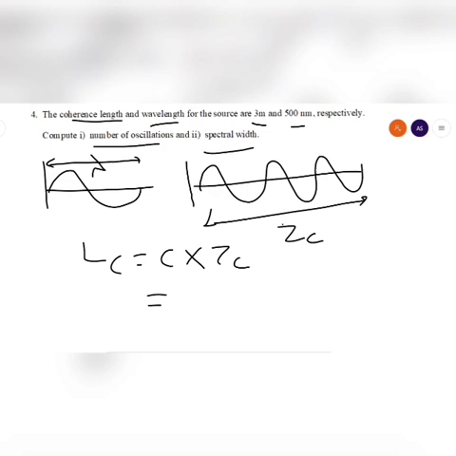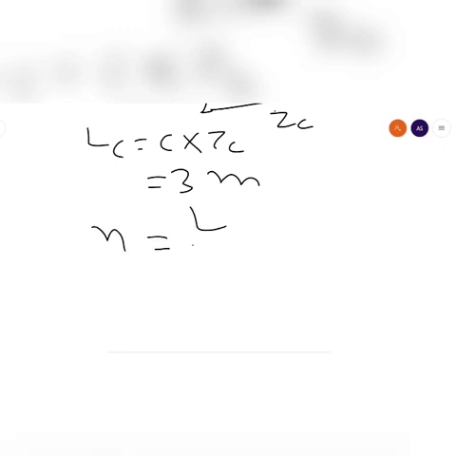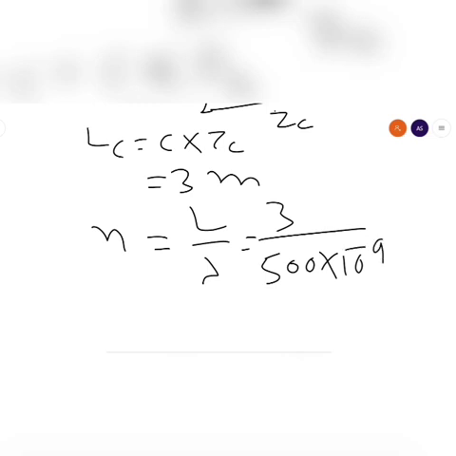Here the coherent length is 3 meter. It means that the number of oscillations is equal to L upon lambda, 3 divided by 500 into 10 to the power minus 9. You will get 6 into 10 to the power 6 oscillations.